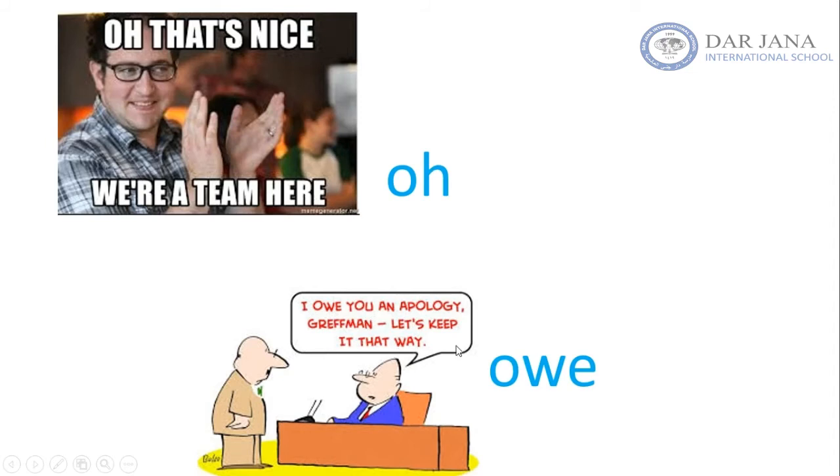So owe, for example, I gave you my sandwich. I owe you a juice. So you gave me a sandwich, I owe you a juice. You have to take from me a juice.